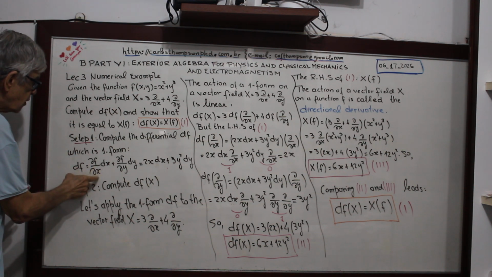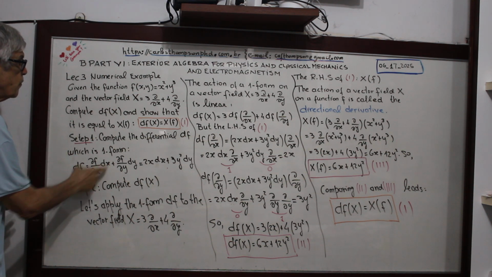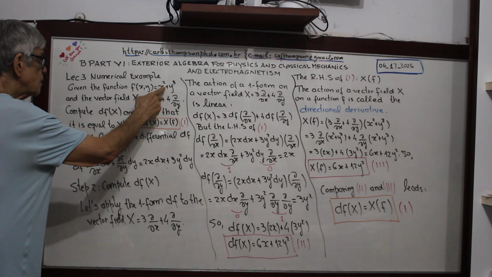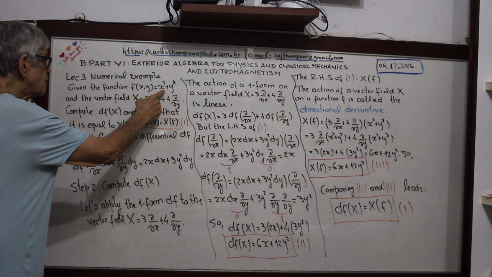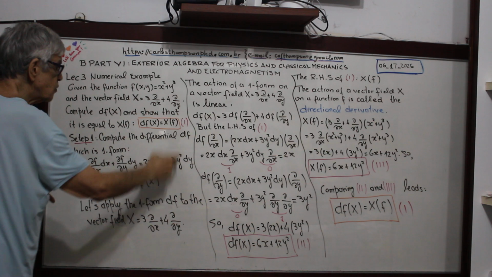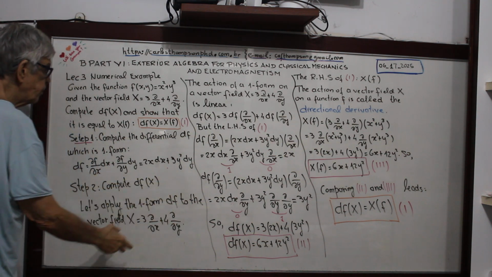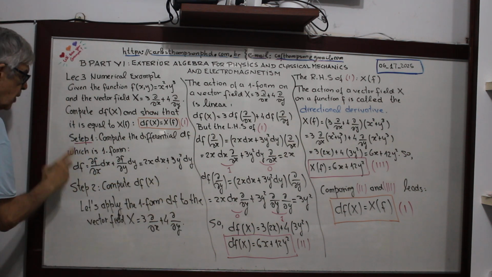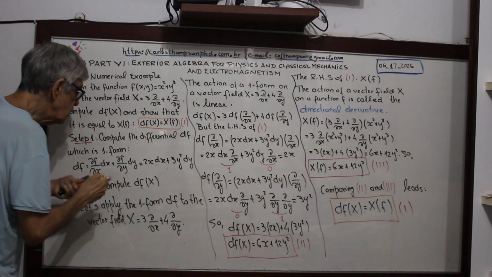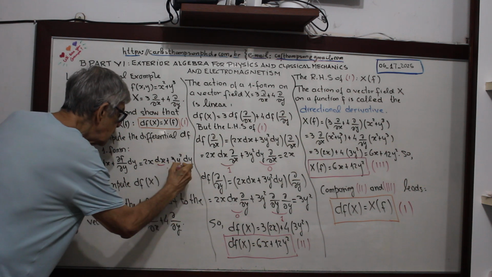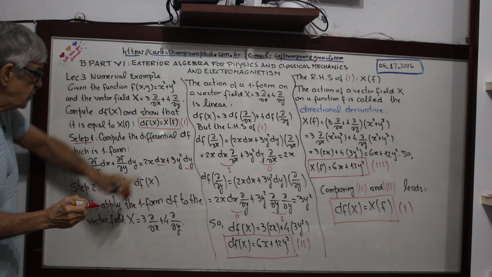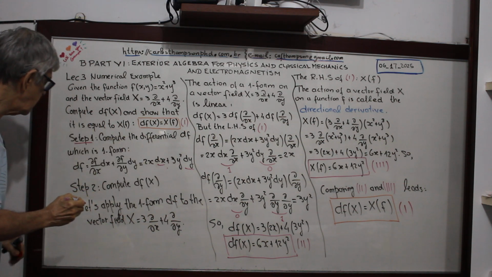So I just take the derivative of f, which is given. This will be 2x, the derivative with respect to x, and the partial derivative with respect to y is 3y squared, times dy. So this is df. Attention now, df is a one form. These here are the one form basis, dx and dy.